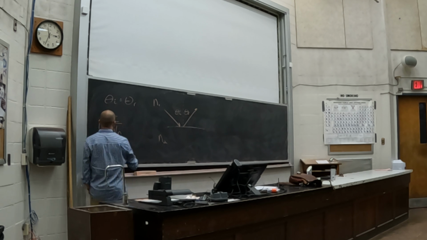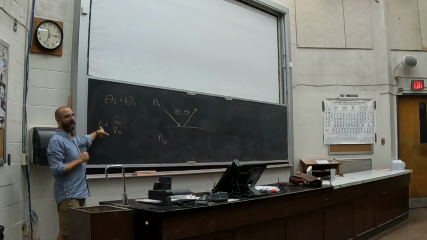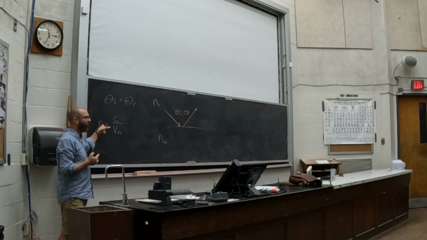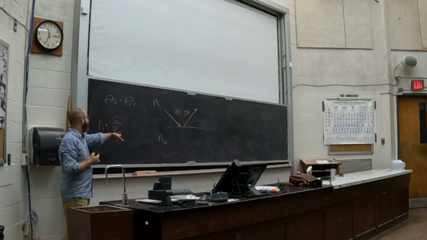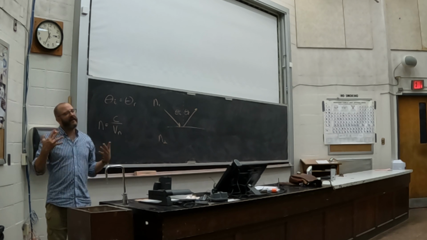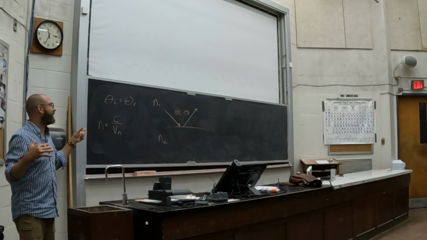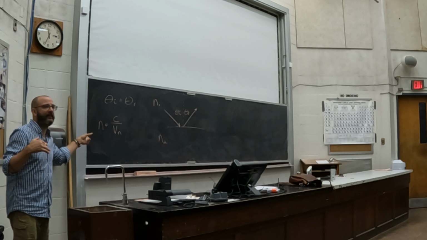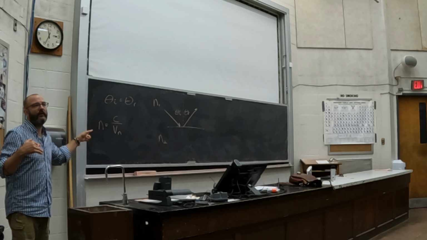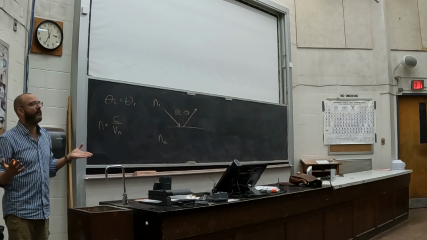And I'm going to subscript this with an n to match it with this n, right? So whatever medium has this index of refraction, this is the speed of light in that medium. In any medium besides vacuum and air, we consider those to be the same thing in this course, the speed goes down, so the denominator of this is always less than the numerator. So this is always greater than 1. 1 is the lowest index of refraction.